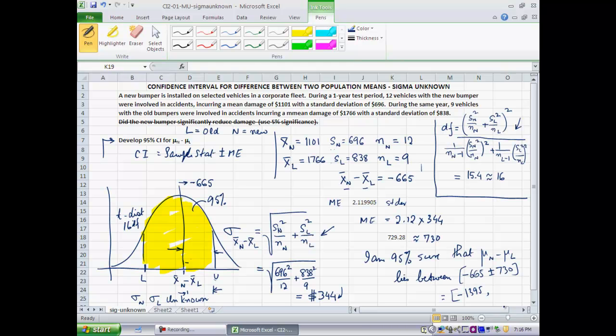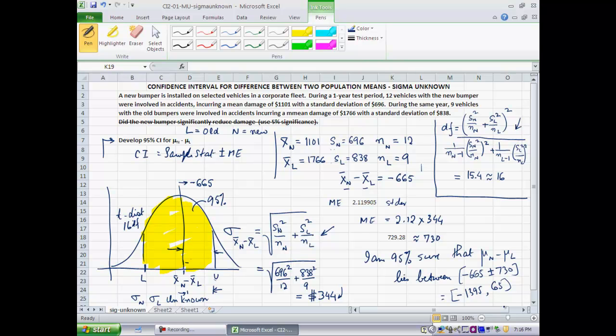Let's see what the upper limit would be. So it would be 730 minus 665, which is 65. Okay, so I'm 95% sure that the difference mu n minus mu l lies between minus 1395 and 65.